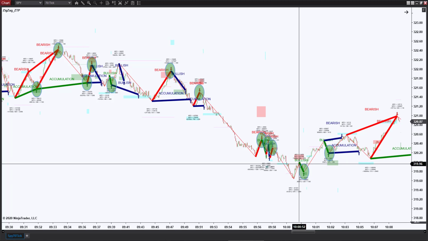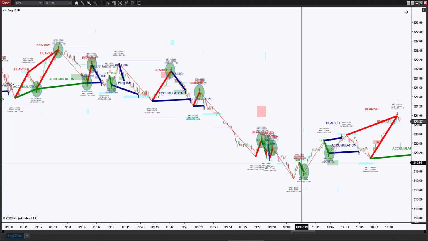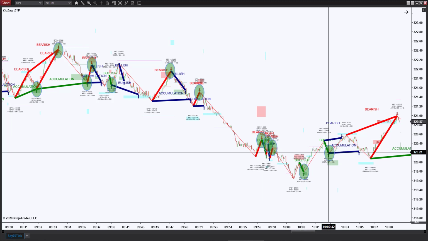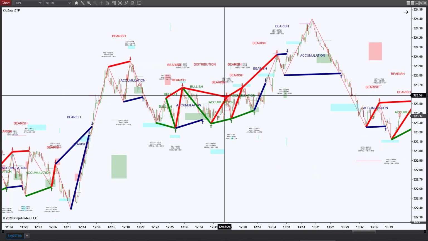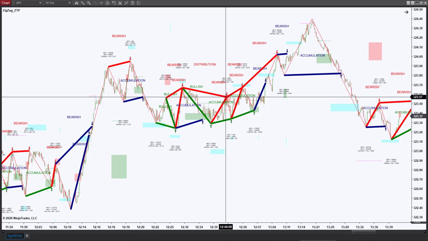It is more unusual that we see special divergences for a long signal, such as we do right here. And it is also pretty unusual that we see a distribution divergence as a short signal.